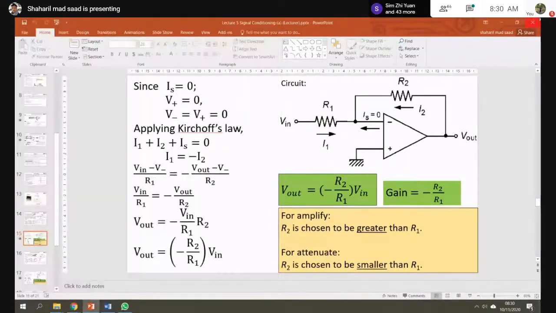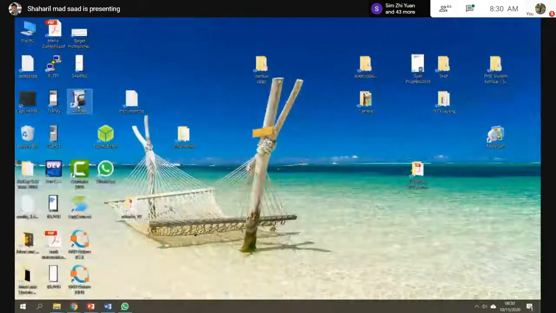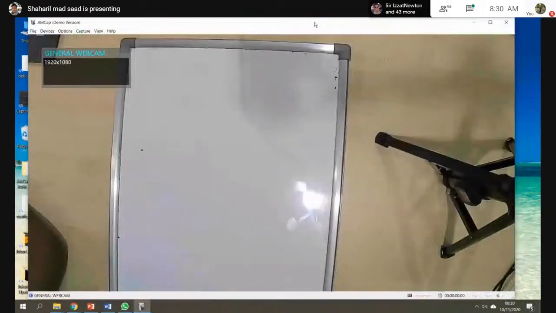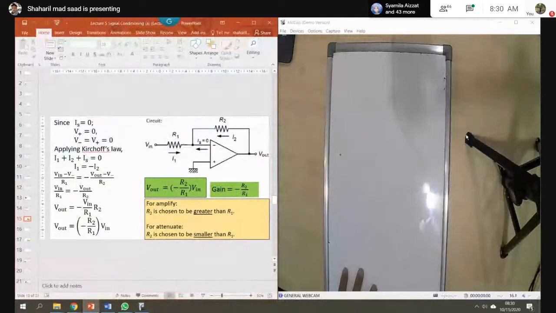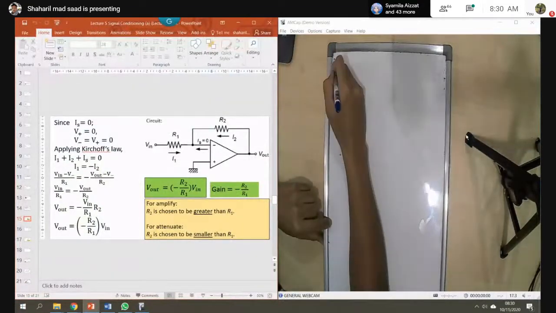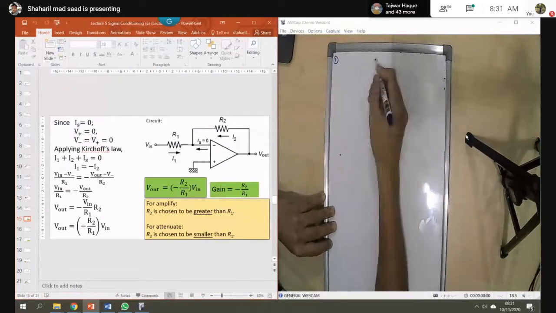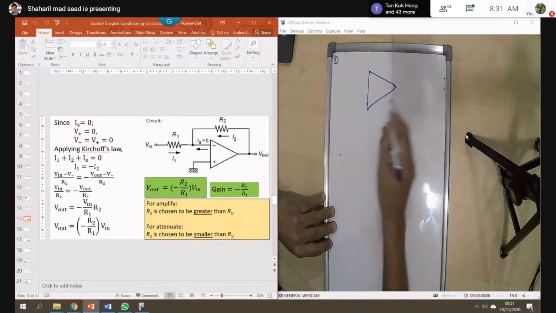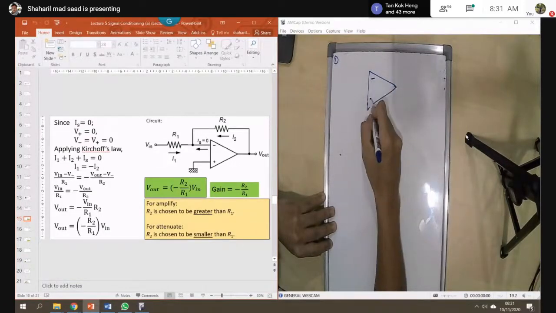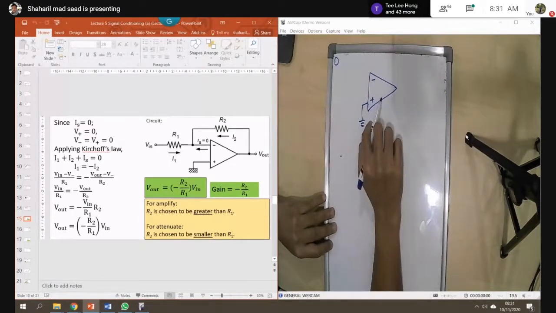Okay, so first is inverting. How to draw the inverting circuit is quite simple. This is the signal conditioning. It starts from minus and plus, and the plus we always connect to ground for the inverting circuit.